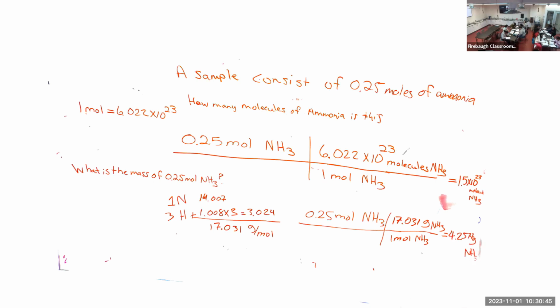But we know how many sulfates do we have? 2. So it should be 4.3 grams NH3.